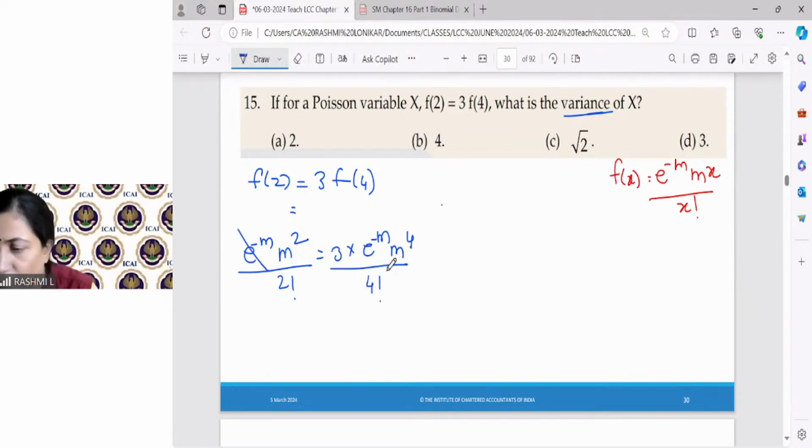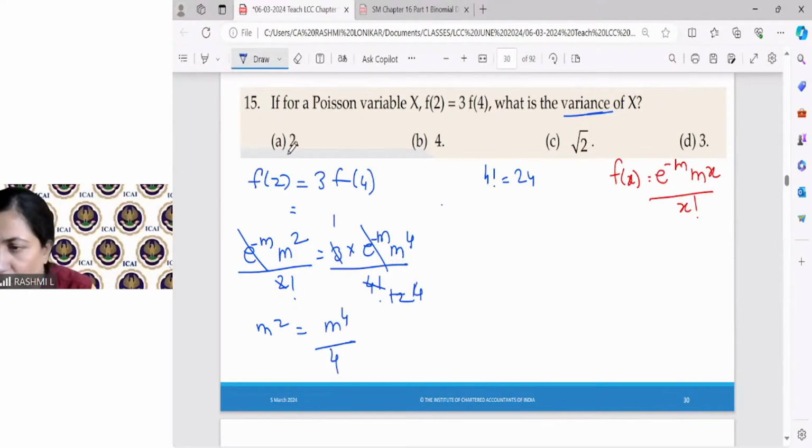This e raised to minus m gets cancelled. 4 factorial is 24. So 2 and 24 will cancel, and I get 12. So what am I left with is m square is equal to m raised to 4 upon 4.